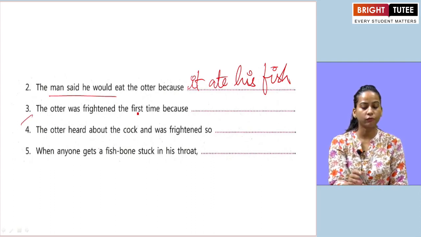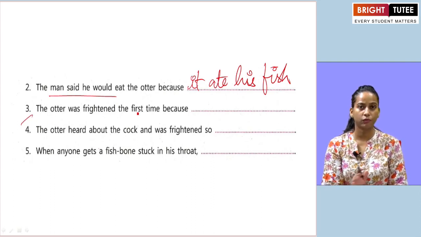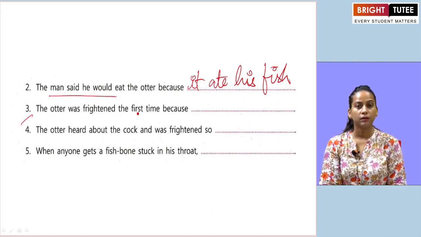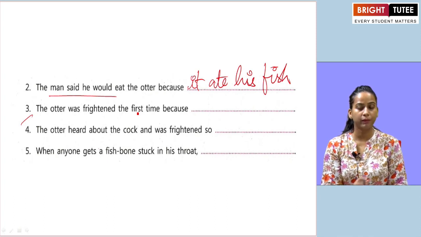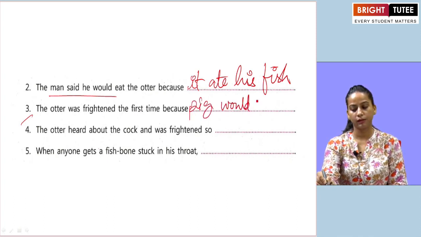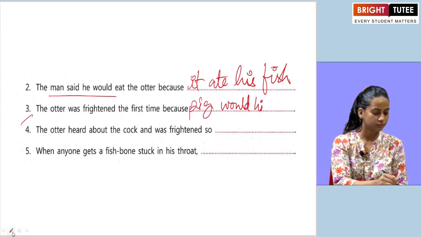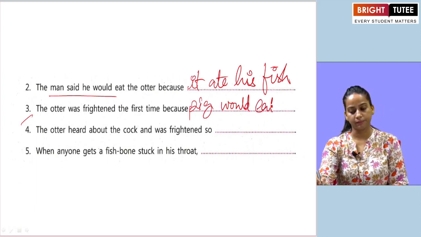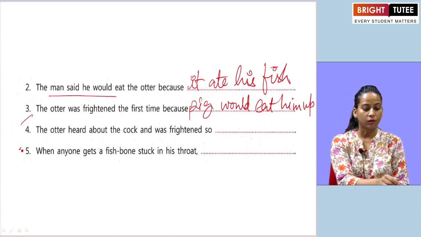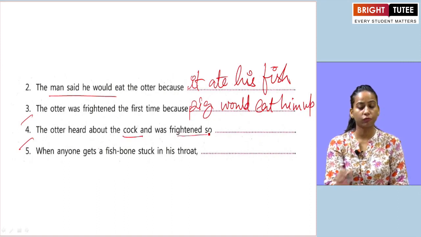Third one, the otter was frightened the first time. Why was the otter frightened the first time? Because the man mentioned that the pig would eat him up. This was the first time when it was told to him and he was frightened. The otter heard about the cock and was frightened.